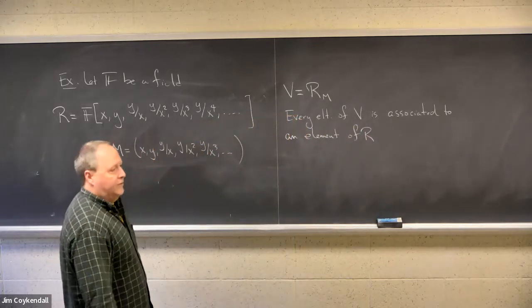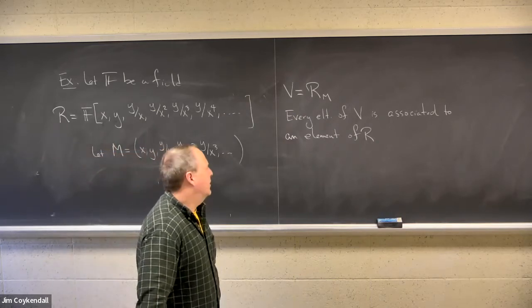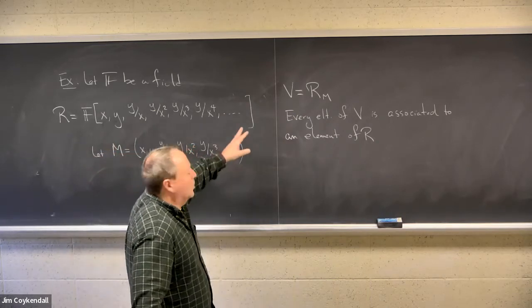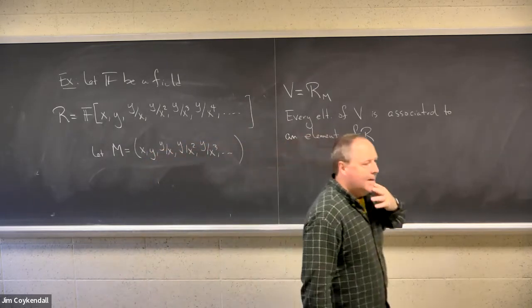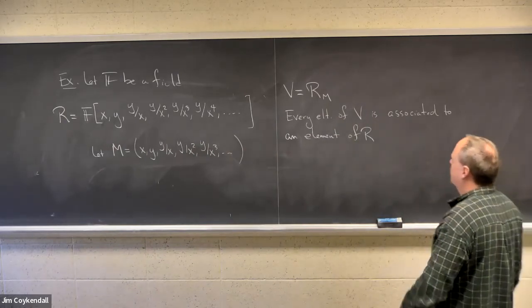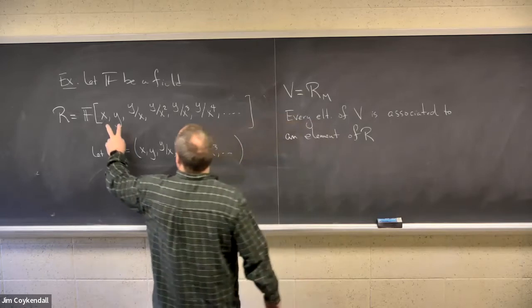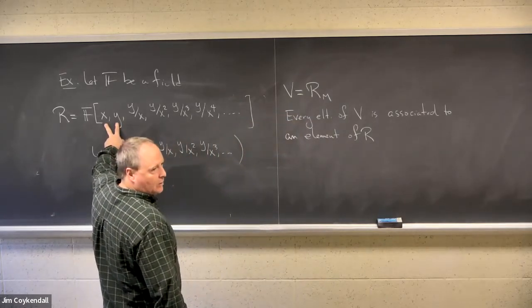Again, every element of V is associated to an element of R. So instead of worrying about fractions, I'm just going to worry about elements of R, pull out units and so forth. I claim, given any pair of elements, one of them divides the other.